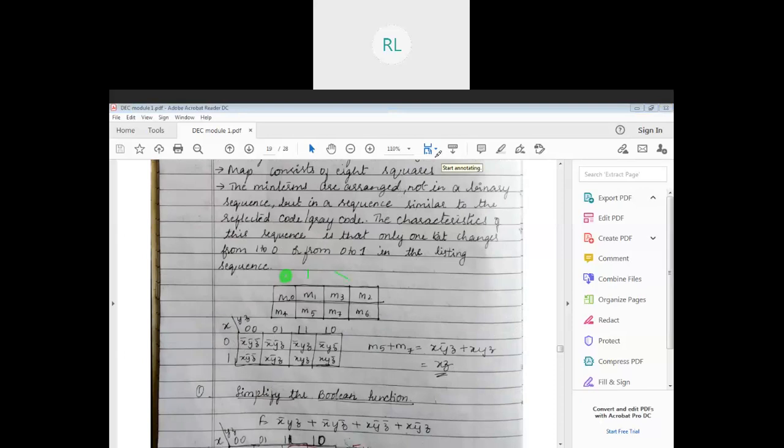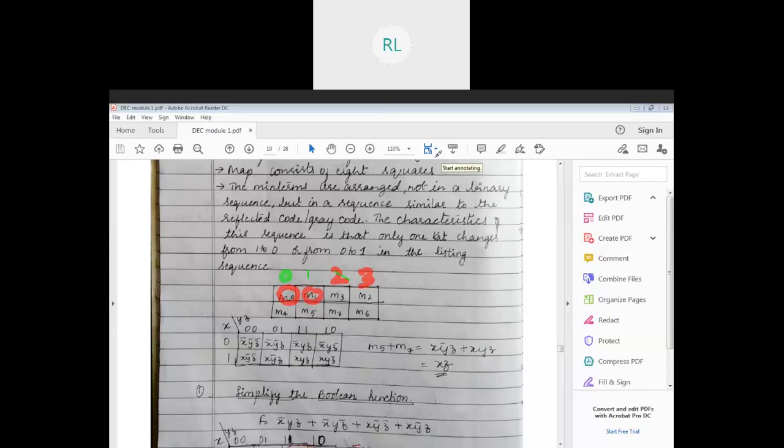We start with 0, and then we go with 1, then 2, and then 3. So this is our normal thought of a K-map.